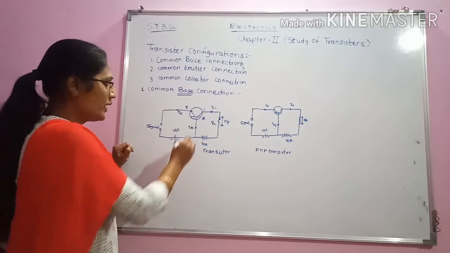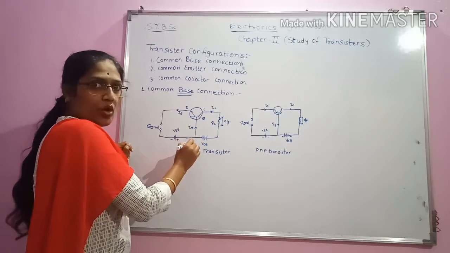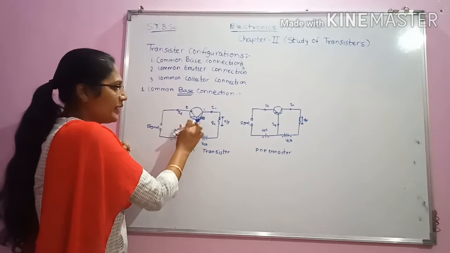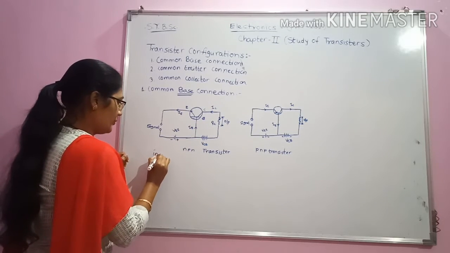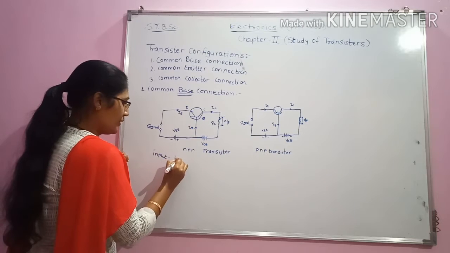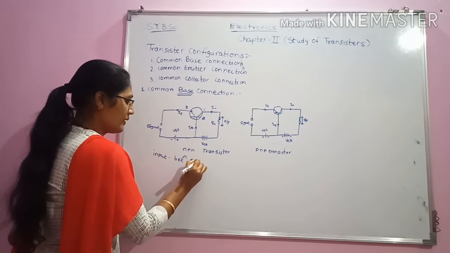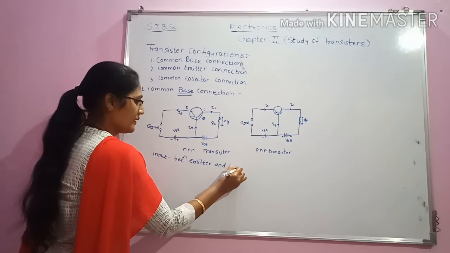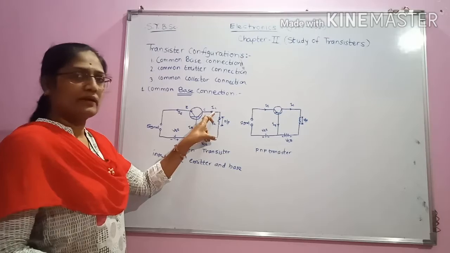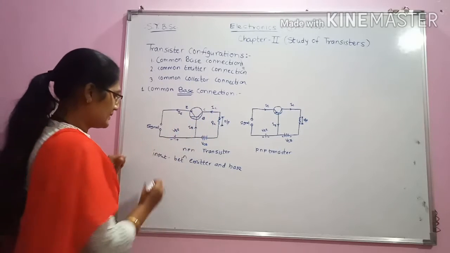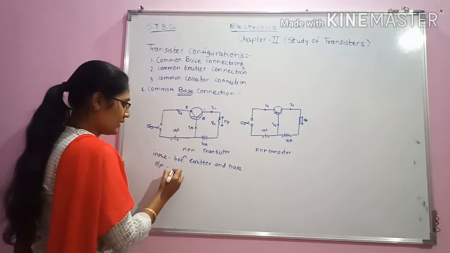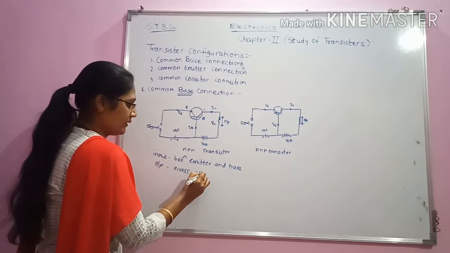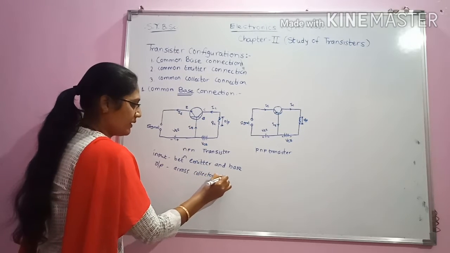If you observe, the base is made common, means input is given between emitter and base, and output is taken across collector and base.